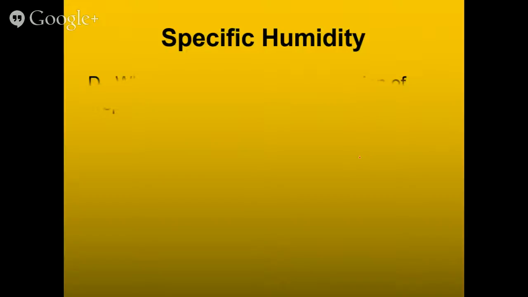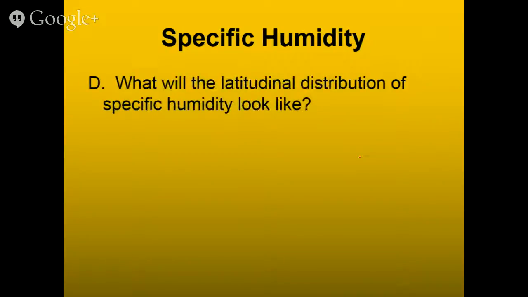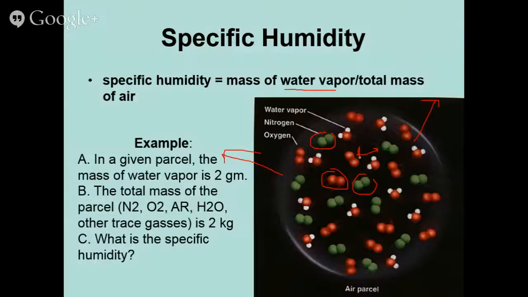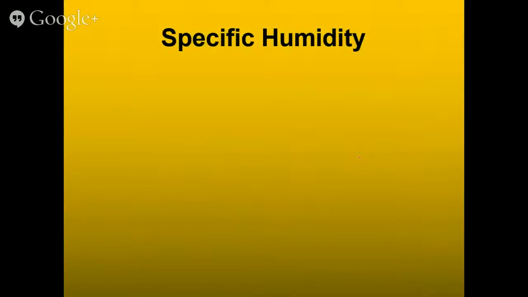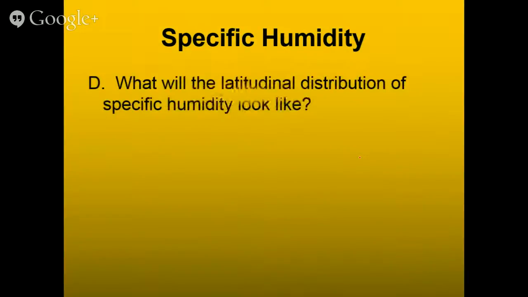Now let's try this. What will a latitude, being lines like the equator on the Earth, what will the latitudinal distribution of specific humidity look like? In other words, where will the greatest specific humidity be if we understand that we're just talking about the mass of water vapor to the total mass of air? Would it be at the equator or be at the poles?